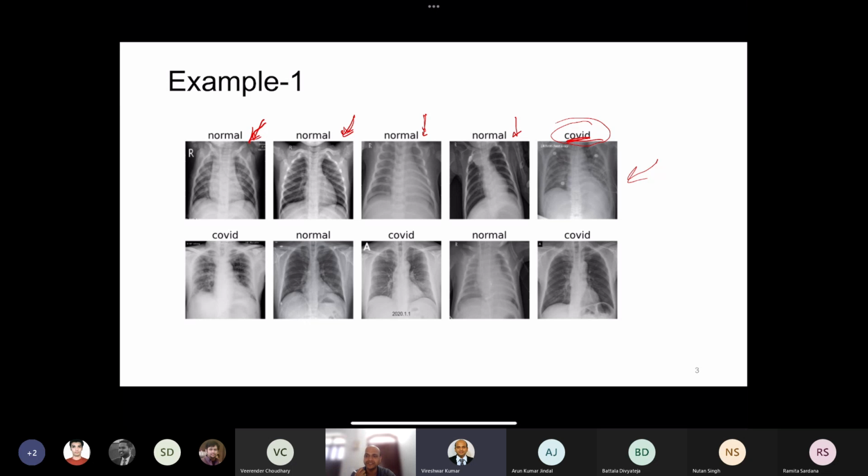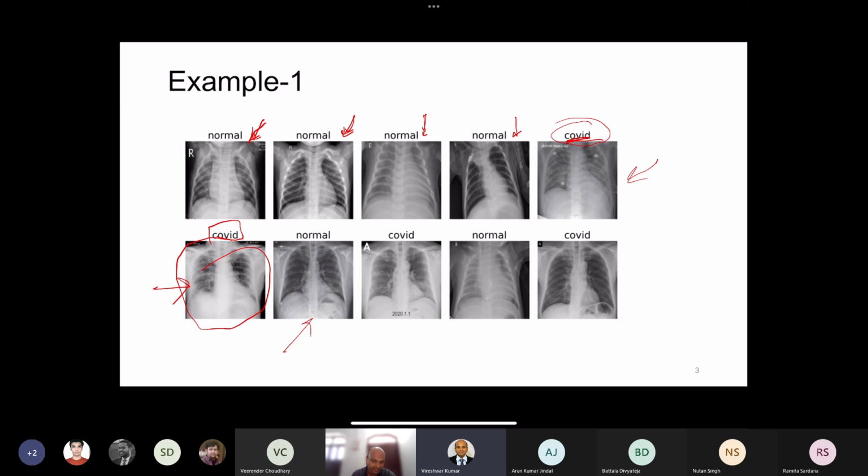What the doctor is doing with his or her eye, we could do with a machine. Once we make the machine learn to differentiate between the normal X-ray scan and the COVID X-ray scan, if we give it an image of a scan and ask whether this is COVID or not, the algorithm will probably tell us, okay, this is COVID.